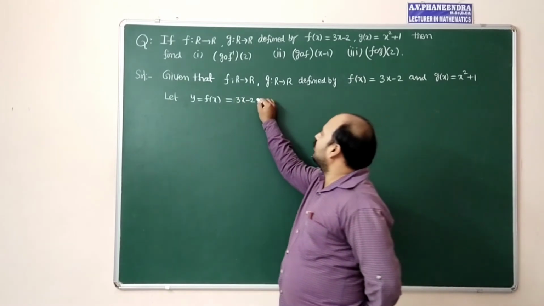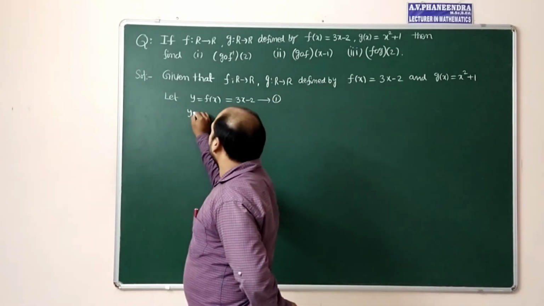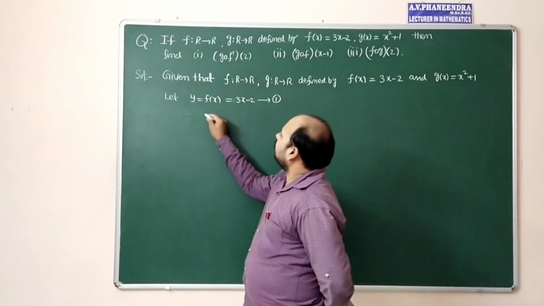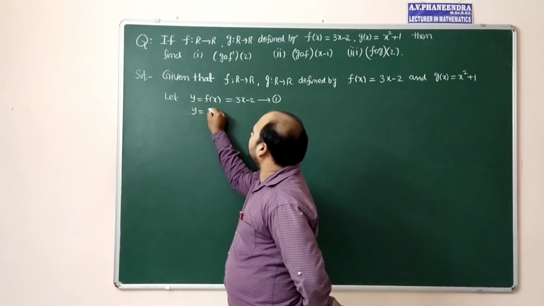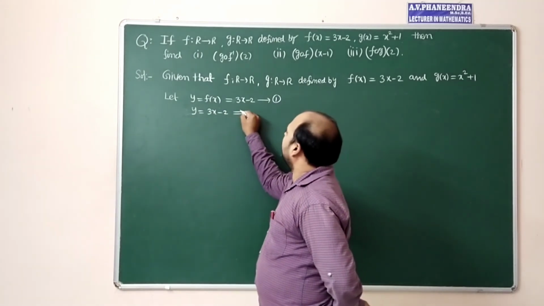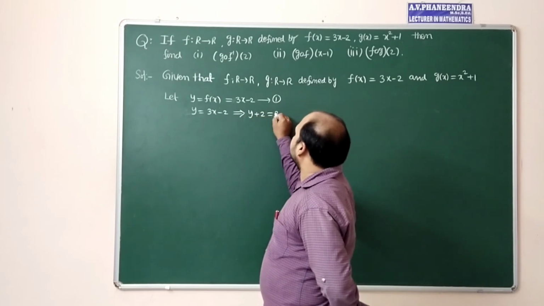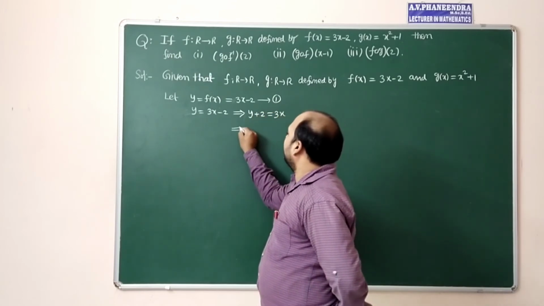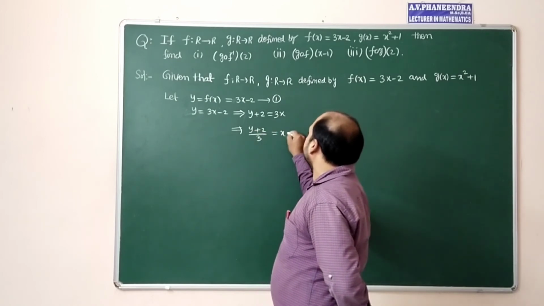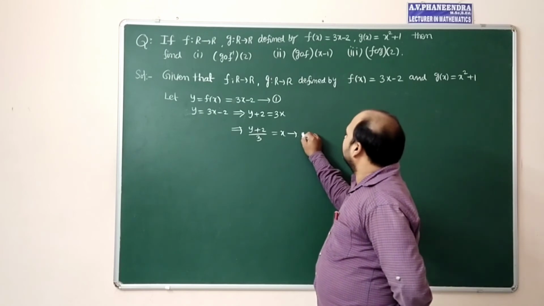You put that as equation number 1. y is equal to 3x minus 2, make x the subject. That implies y plus 2 equal to 3x. That implies y plus 2 divided by 3 equal to x. You put that as equation number 2.